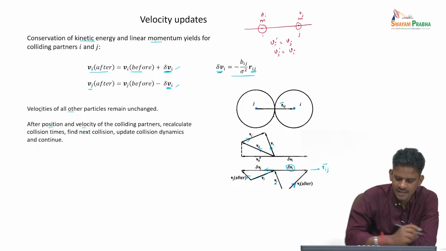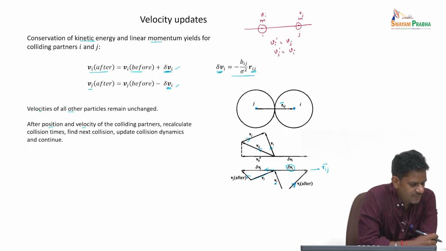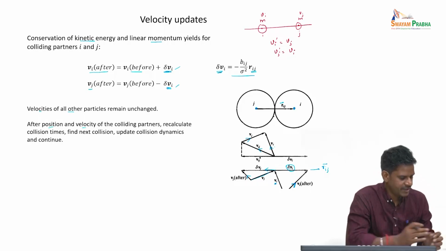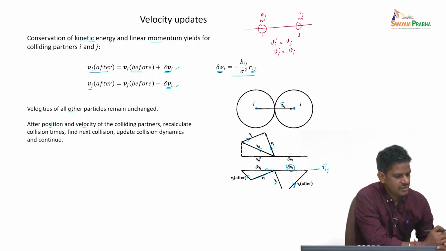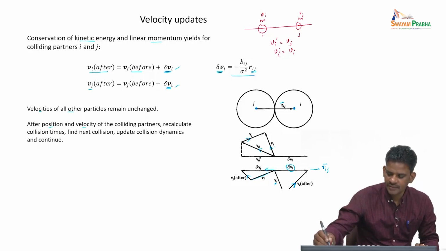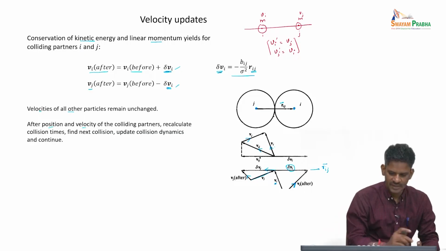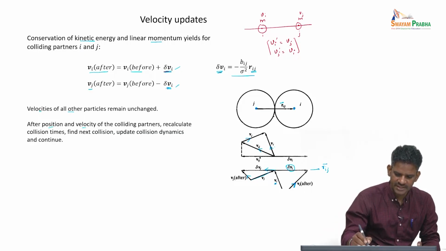That is, for a one-dimensional system, the particles will just exchange their momentum as long as they are of the same size and same mass. Okay. So this particular principle is now extended for a three-dimensional collision, and that's what we are trying to see. What is the net change in the velocities of i and j, and that comes out to be this particular expression.